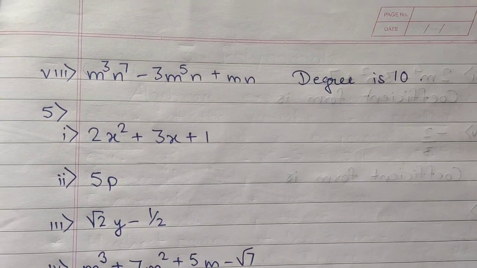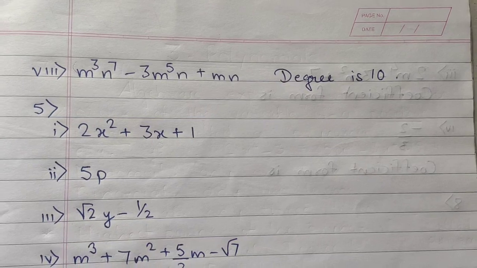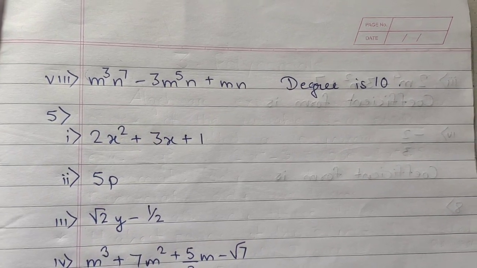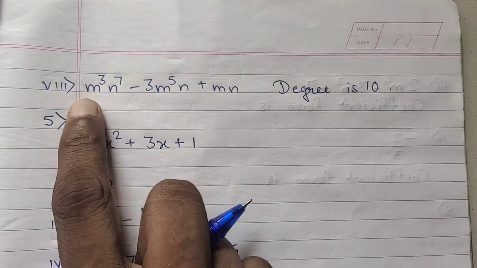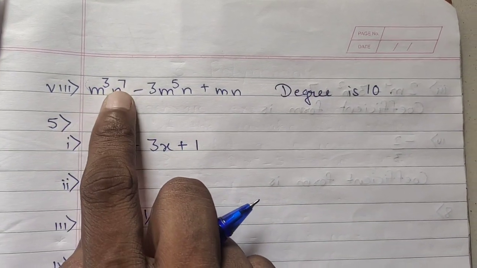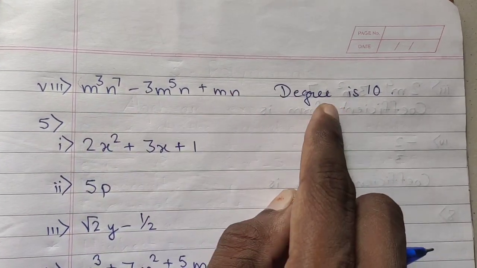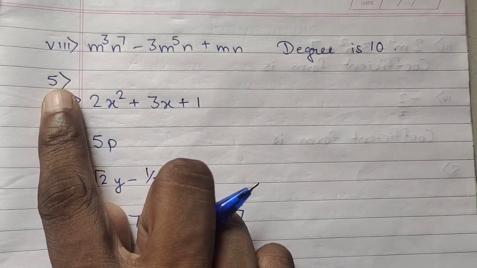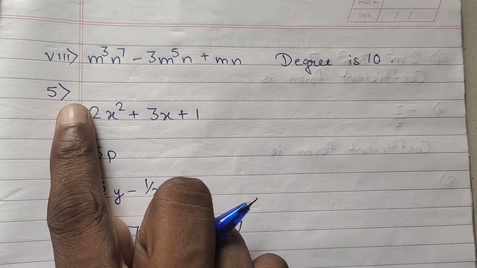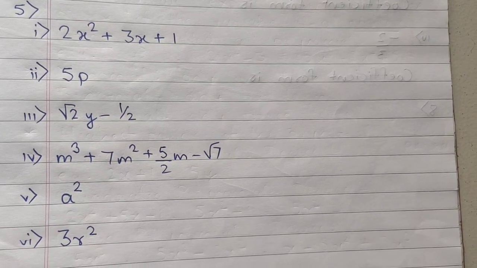Okay, so you should understand what is degree and how to write and how to identify it. Remember, whenever there is a multiplication of variables, then add the powers, and remember, write only the highest power as your degree. Now in question number 5, you have to identify which one is linear. Okay, let us see question number 5.